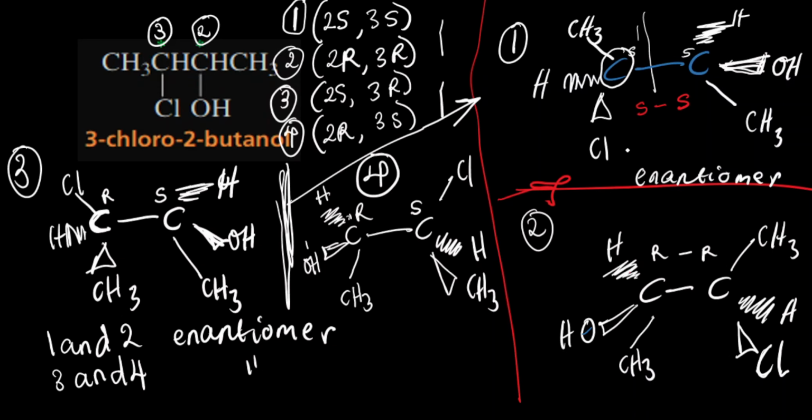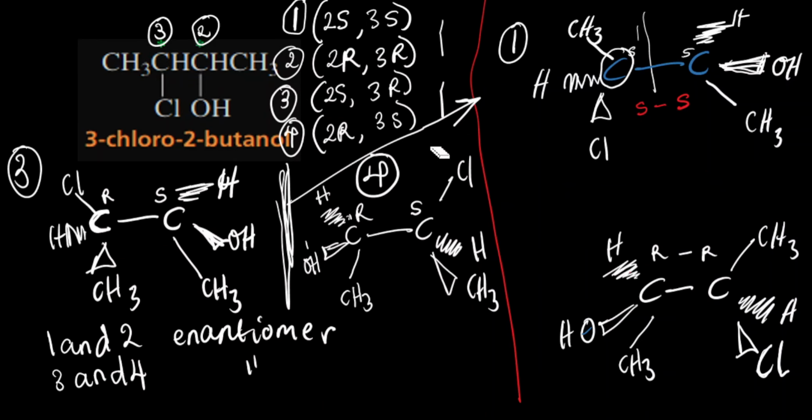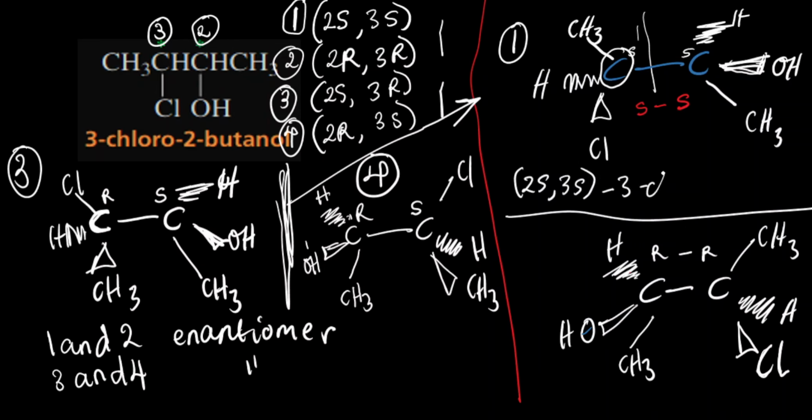So let's erase this so we can write down the name here. Because it has the SS configuration, it would be named 2S,3S with the normal name 3-chloro-2-butanol. And the same applies for all of the 4 compounds.